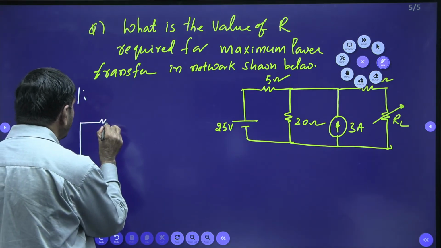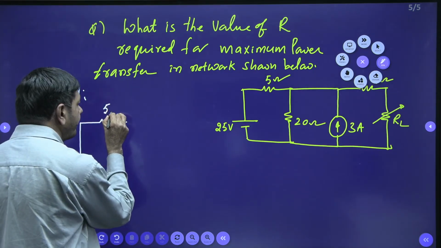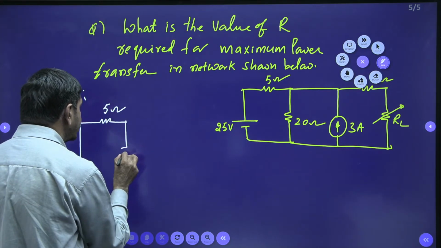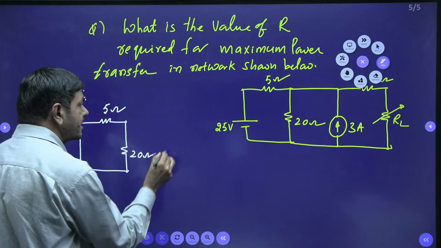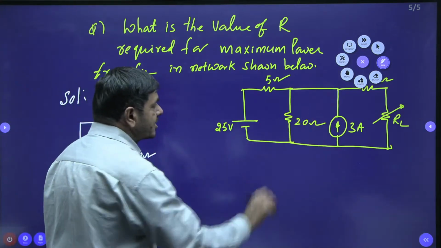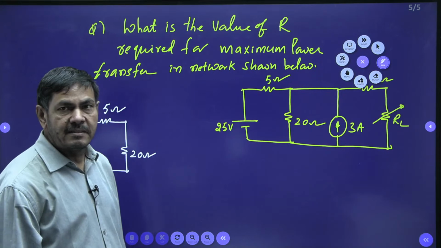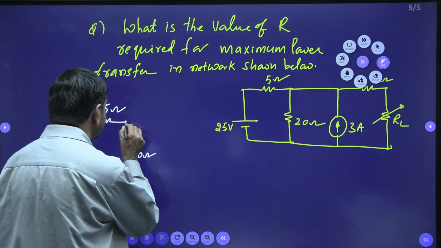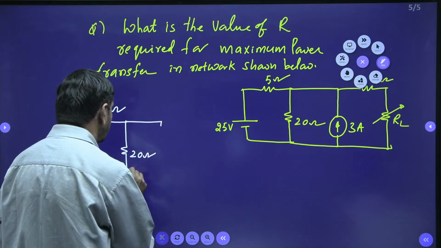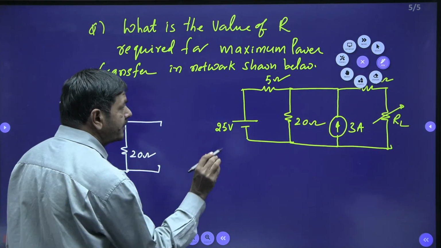There is one 5 ohm resistor and a 20 ohm resistor this side. Here I got the current source. That current source must be open circuited, you know very well, because wherever the current source is given, that must be open circuited. This is open, that can be removed.